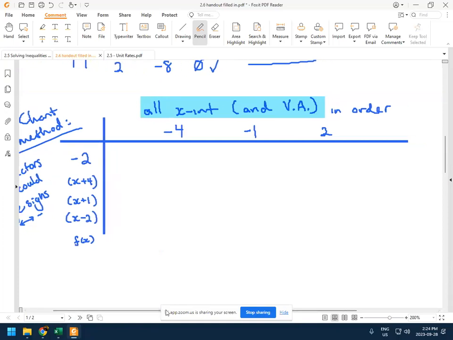Okay. We are going to plug in random x values for each of these to figure out if it's going to be a plus or a minus, which will tell me what the overall function sign is going to be. All right, -2. No matter what the x value is, a -2 is always going to be a -2. So just put minus, minus, minus, minus.